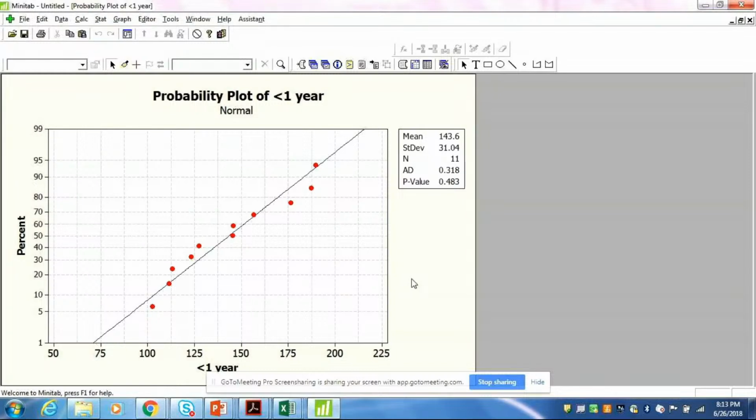I would say not normal. Okay, why would you say that? Well, actually, the p-value says it's normal. Yes. So wait, the p-value says it's normal, it means it is normal.